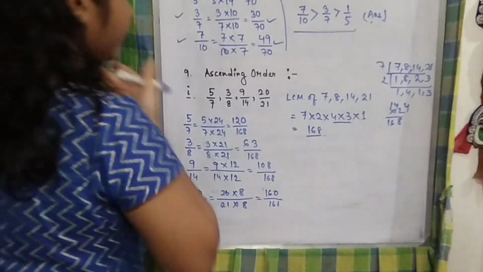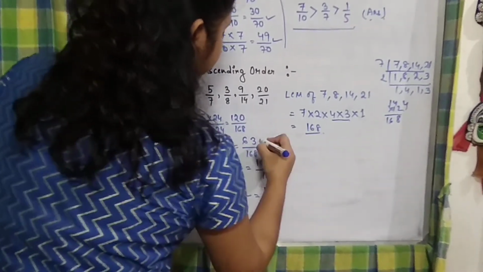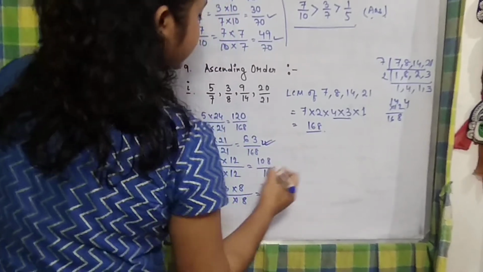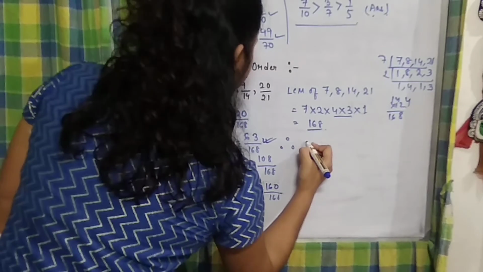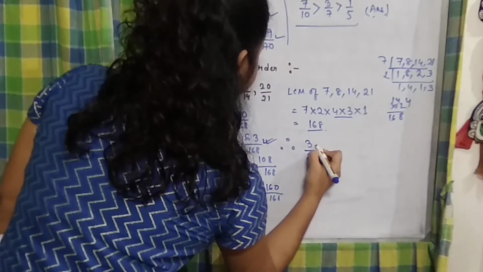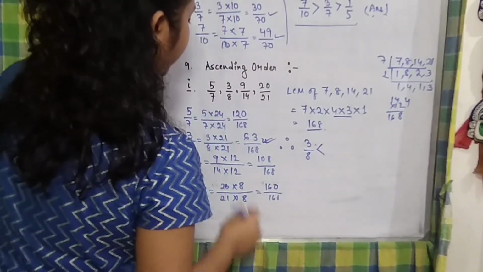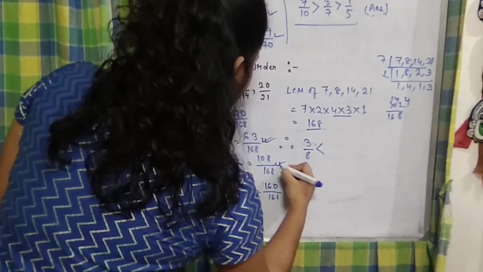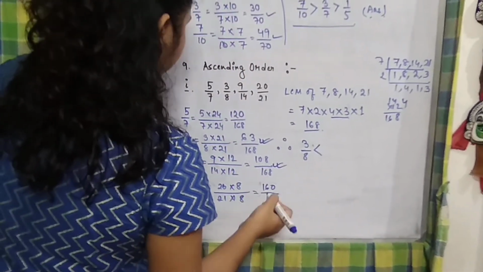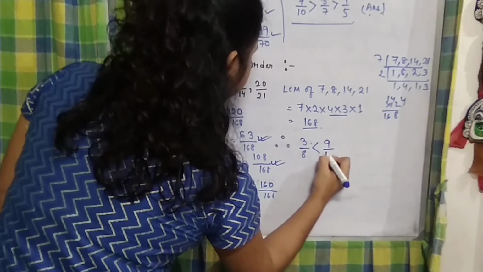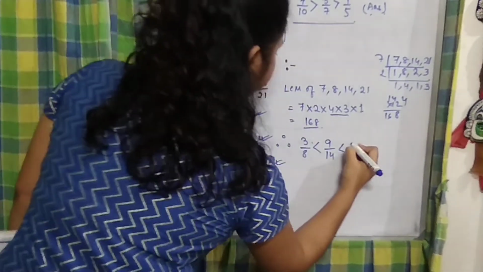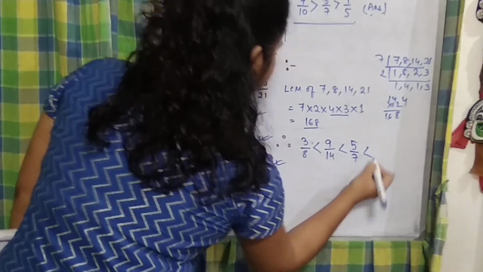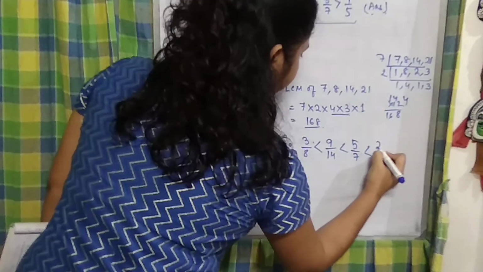Now we have to find out which is the smallest one among these. So 63 by 168. Therefore, when we are arranging the ascending order, that will be 3 by 8, followed by 108 by 168, that is 9 by 14, again by 5 by 7, and lastly by 20 by 21.